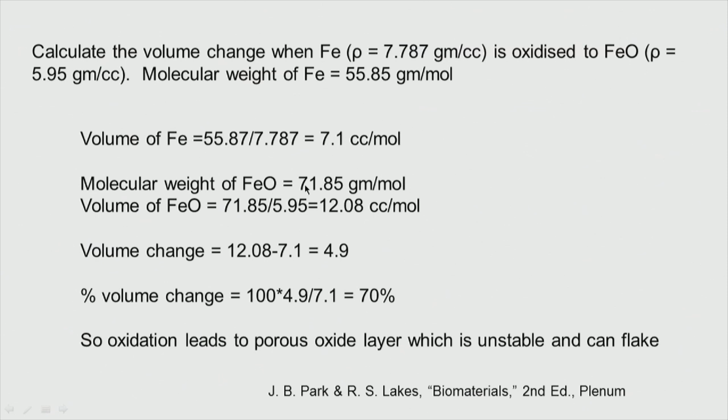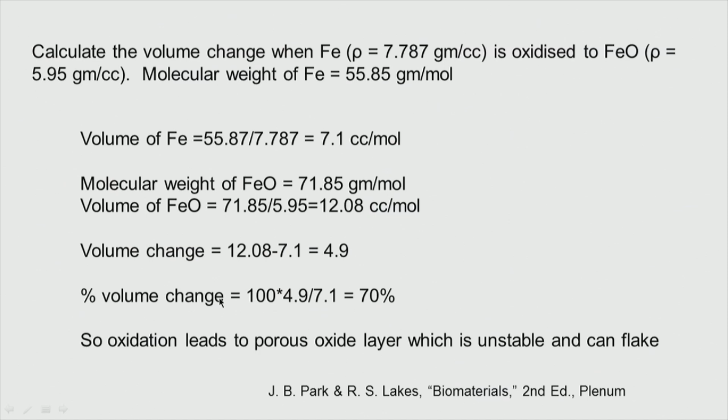Molecular weight of iron oxide is 71.85, that means iron plus oxygen, 55.85 plus 16. Volume of iron oxide is 71.85 divided by 5.95, 12.08 cc. So, we have the volume of iron, we have the volume of iron oxide. Look at this, there is a big change in the volume.